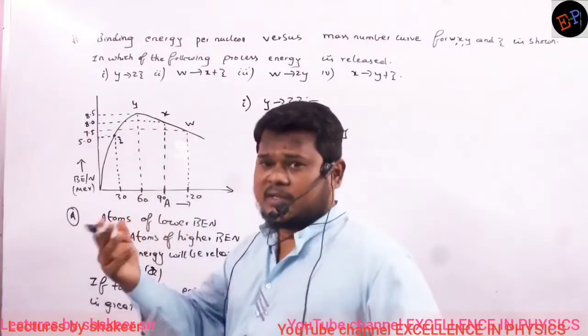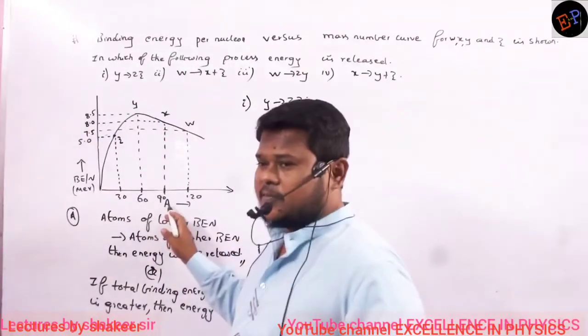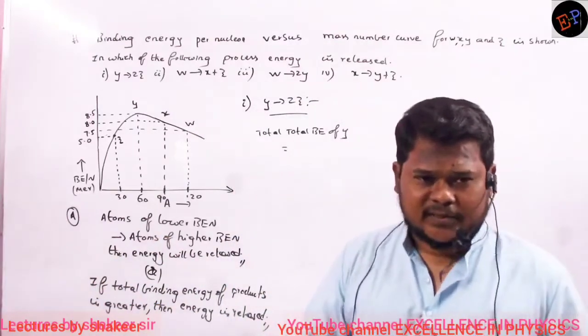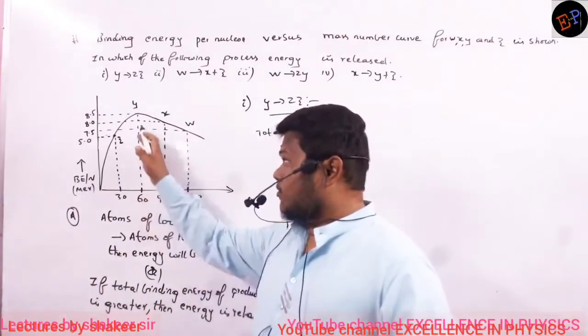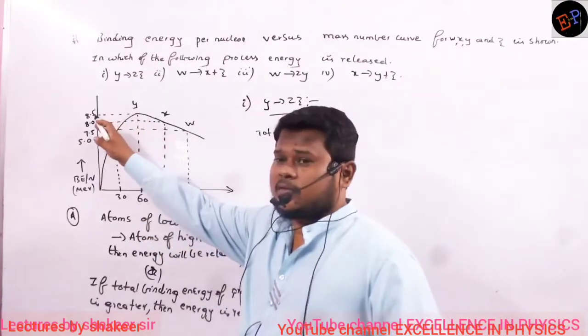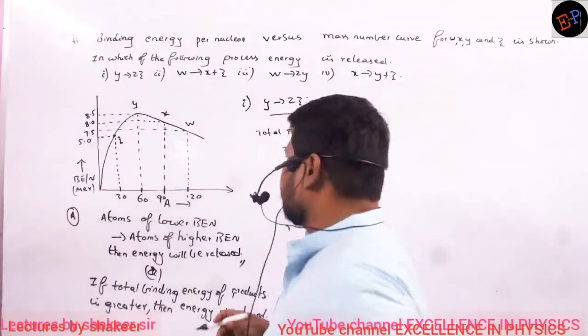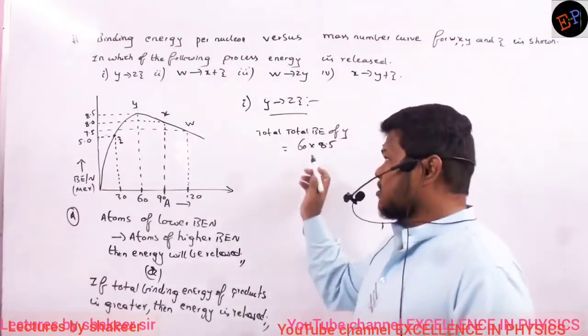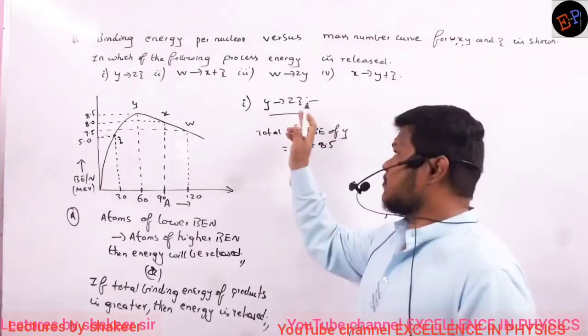Mass number is nothing but the number of nucleons. What is meant by mass number? The number of protons plus the number of neutrons is the mass number. So how many nucleons are there in Y? 60 nucleons. And what is the BEN for each nucleon? 8.5. Therefore, total binding energy is 60 multiplied by 8.5. This is the binding energy of Y, which is converted into 2Z.